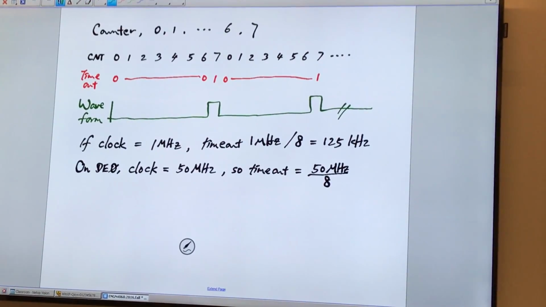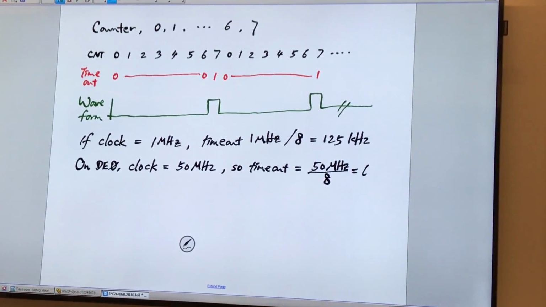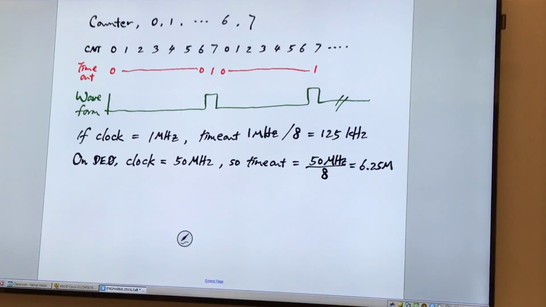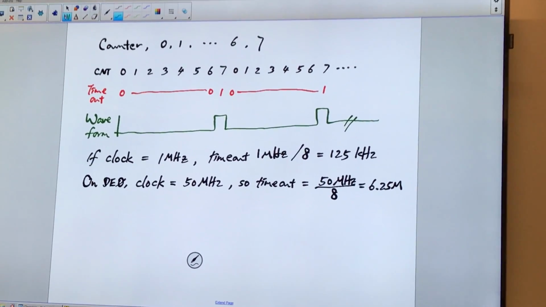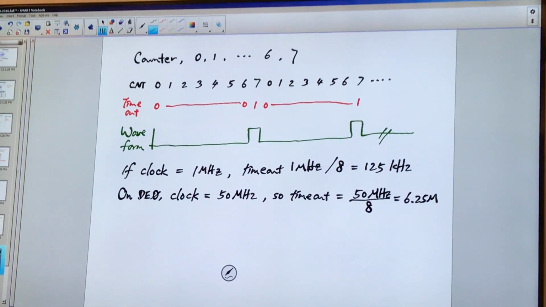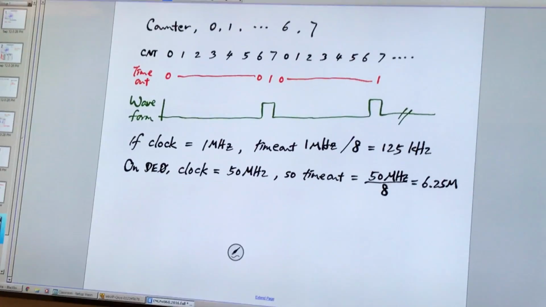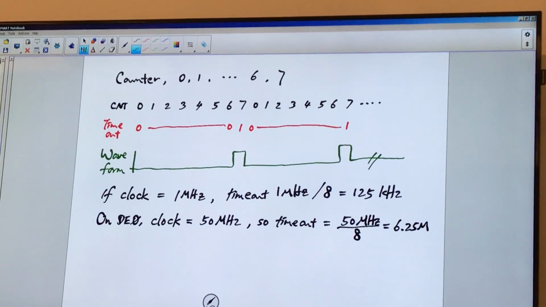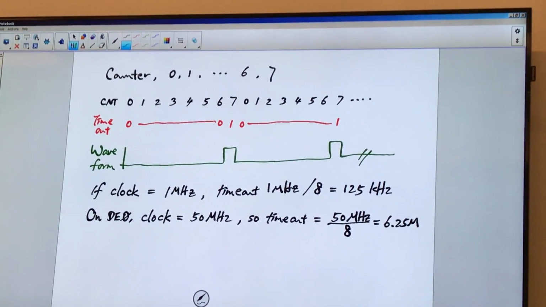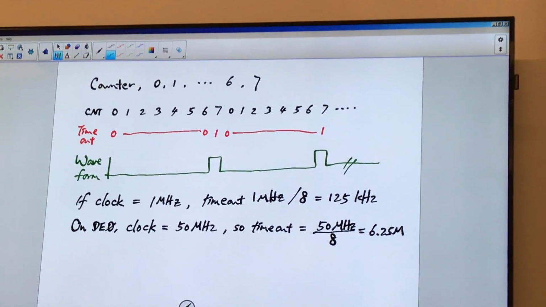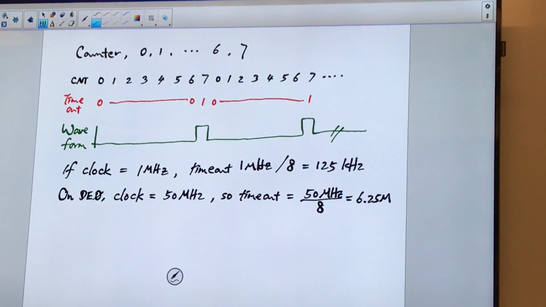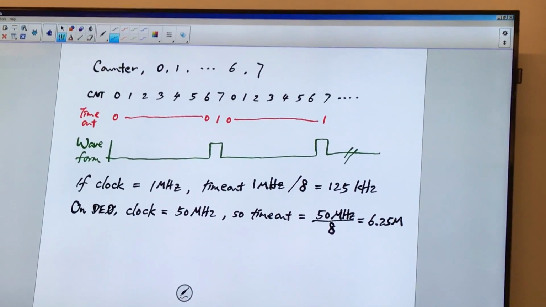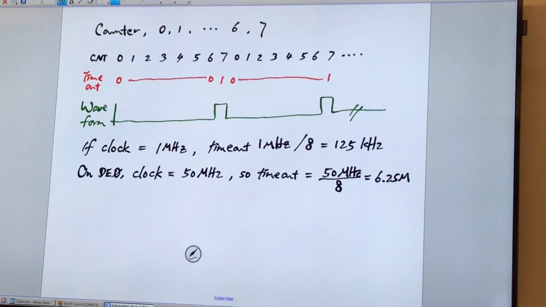Right? 6.25 meg. Okay? Right? This is too fast for PWM. Usually PWM, like for LEDs, we'll talk about kilohertz. Probably 1 kilohertz or a few hundred kilohertz maximum. Nobody's going to use megahertz. So now we need to bring it down even more. Okay? All right? So 6.25 meg, too fast.